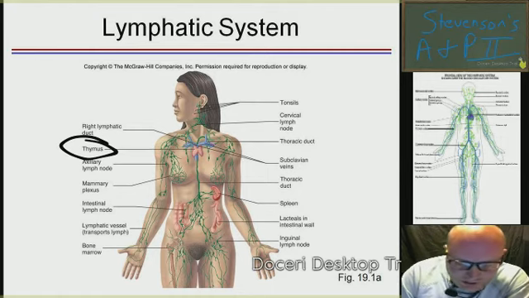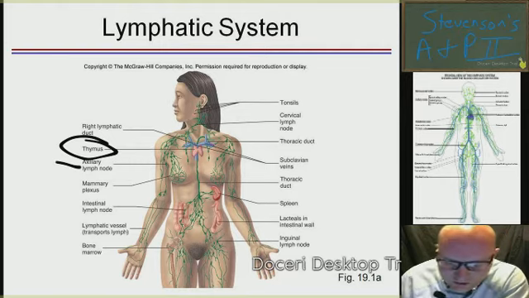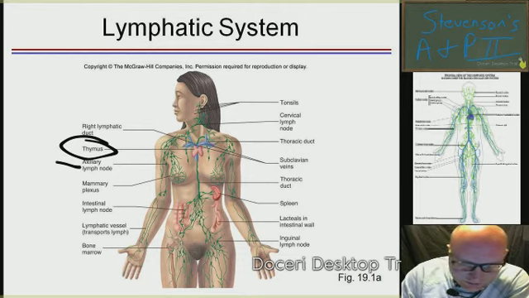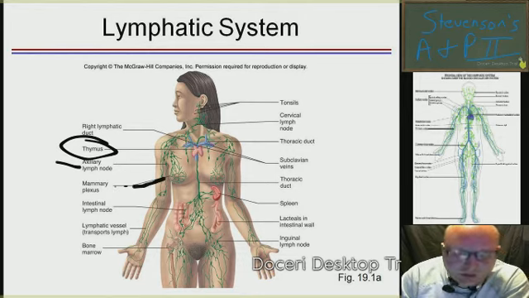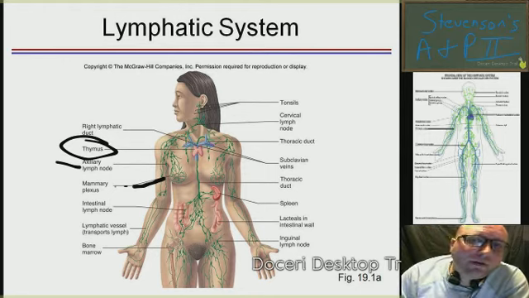Okay, axillary lymph nodes are found right in here, in different areas around the arms. And in females especially, you have a congregation here called the mammary plexus that is located around the mammary glands as well.